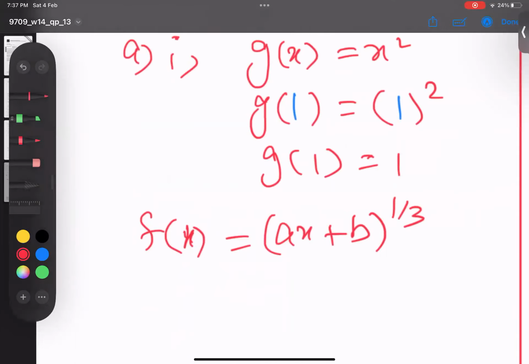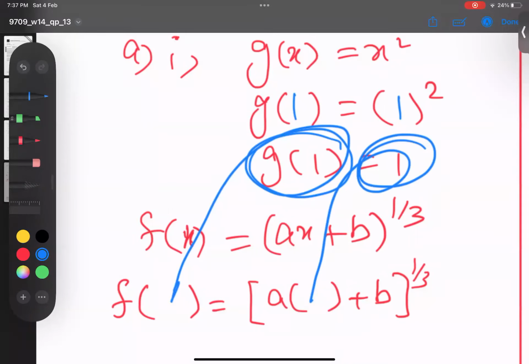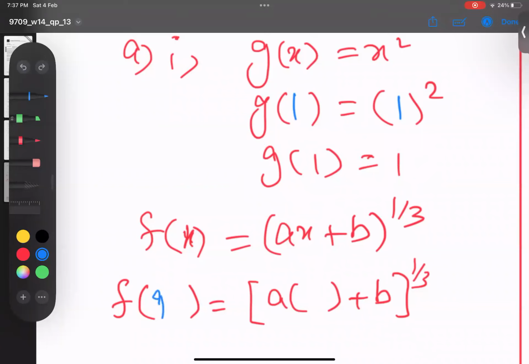Now, very interesting: both x values are empty spaces on both sides. Everything is the same. So g of 1 will come in this bracket and its value, 1, will come here. Repeat my words.